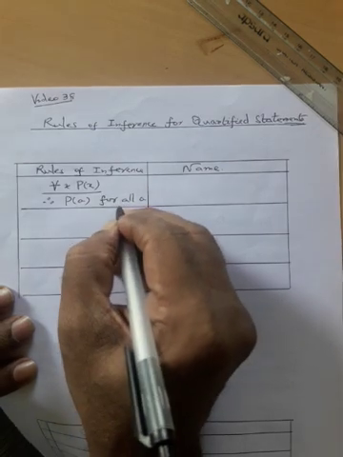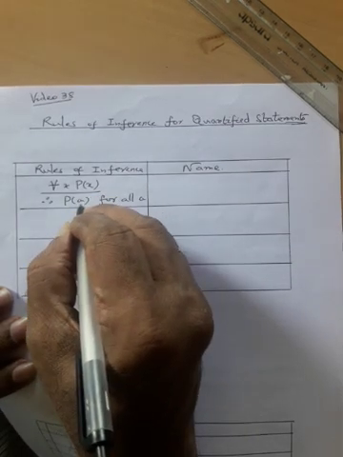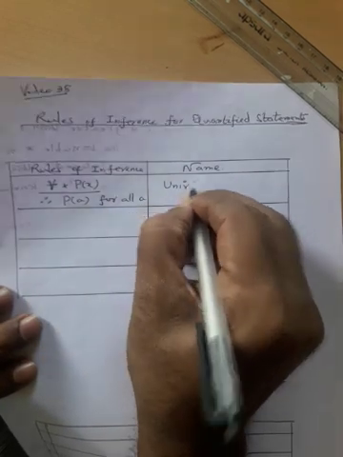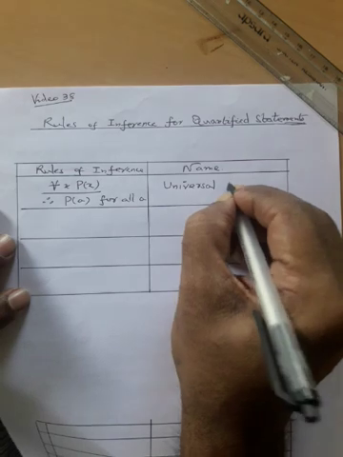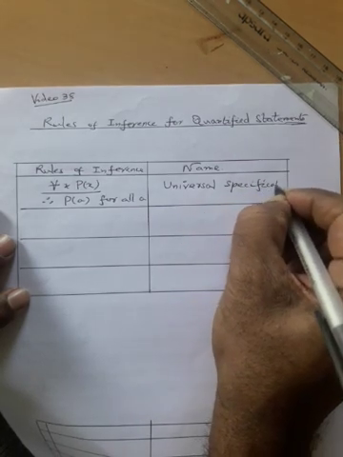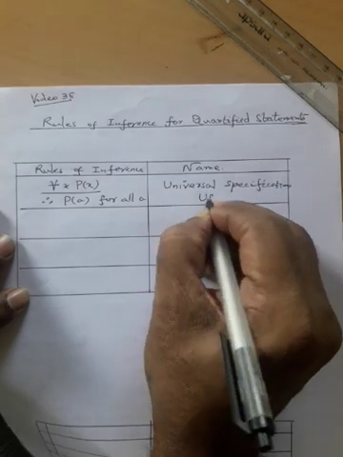For all means universal. Instead of x we write a, for all a. This is called universal specification, abbreviated as US.